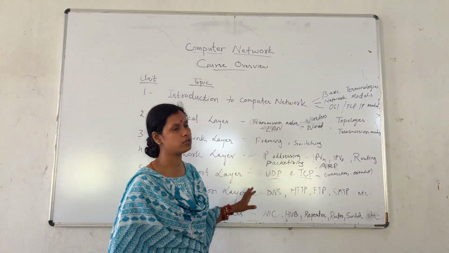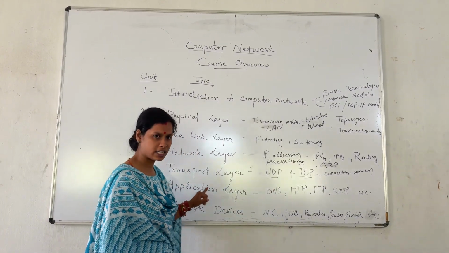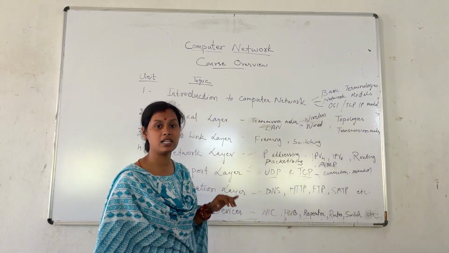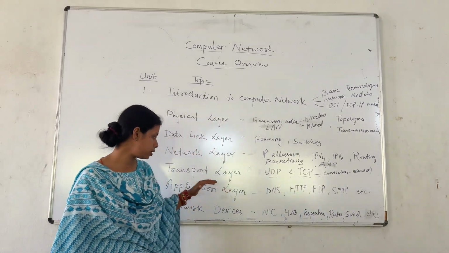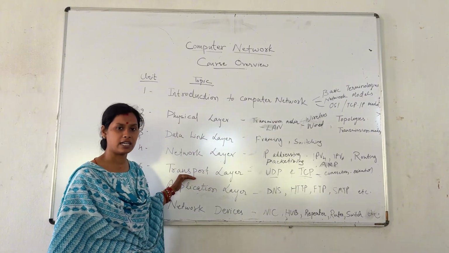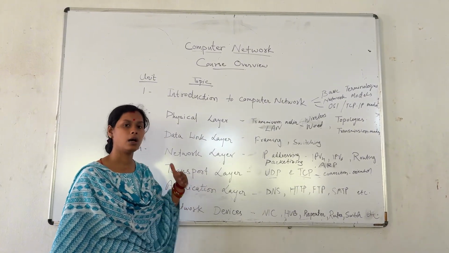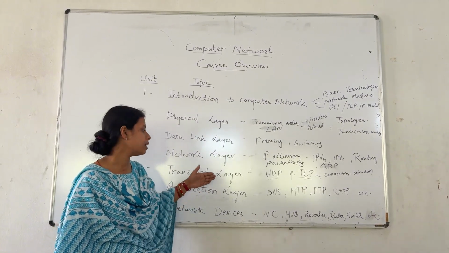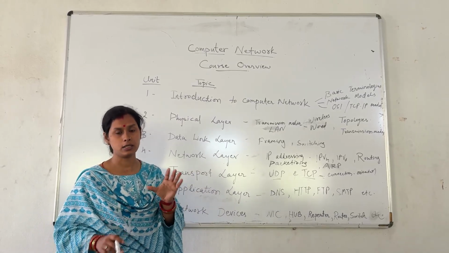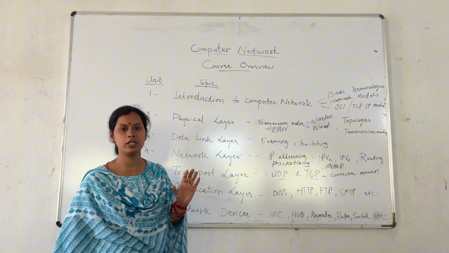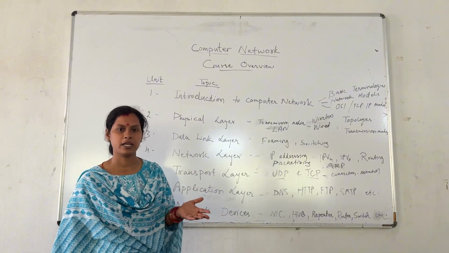Then again, process to process communication takes place in the transport layer, along with segmentation and reassembly. Now what is segmentation and reassembly? When the transport layer receives data from the application layer, its upper layer, the data is divided into smaller units known as segments.